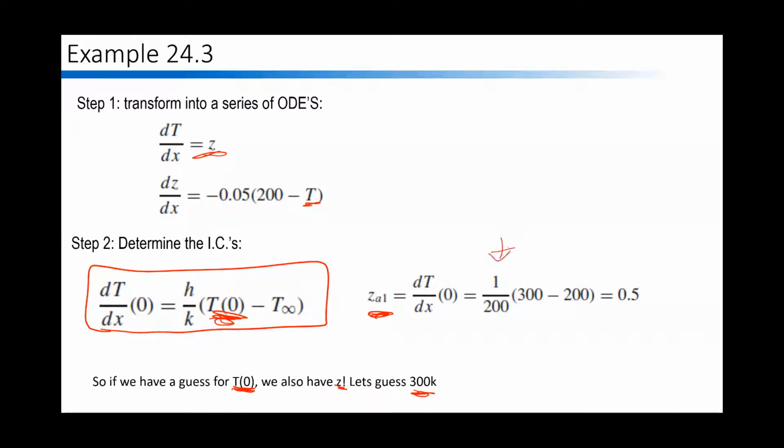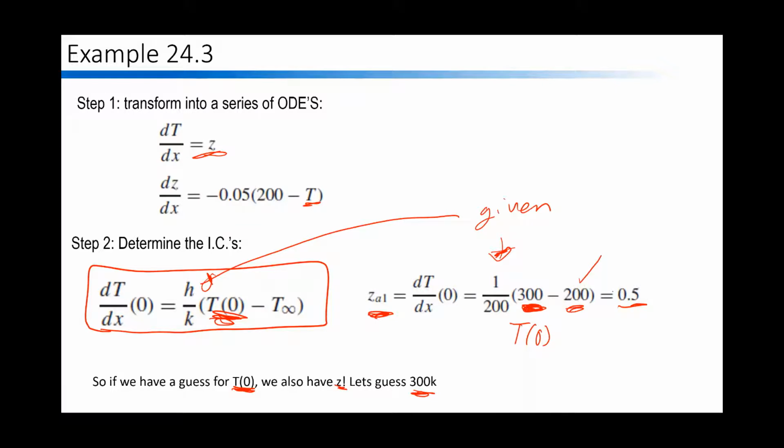This was just given. This is these two pieces times 300 minus 200. That T infinity was a given, so we're just plugging in this guessed T0. So now I have all these numbers, I can punch them out, and I figure out that my zA would be 0.5 if T0 was 300.